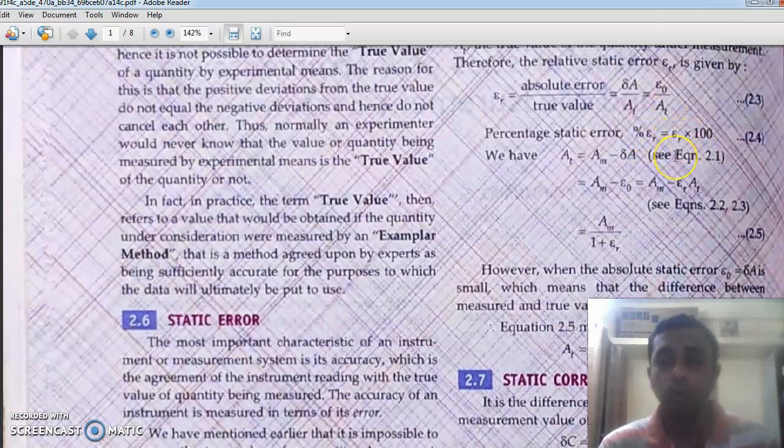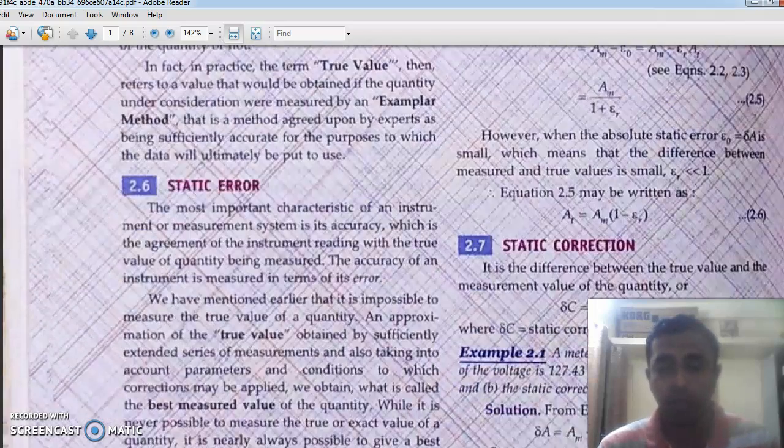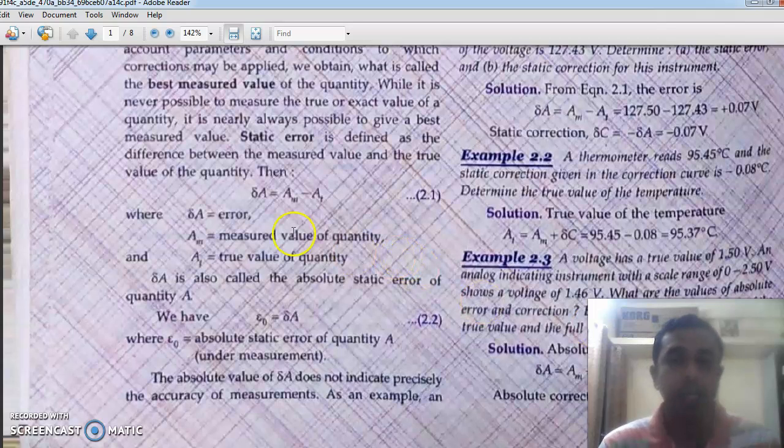Now from equation 2.1, that is delta A is equal to measured value minus true value, so this is the static error.